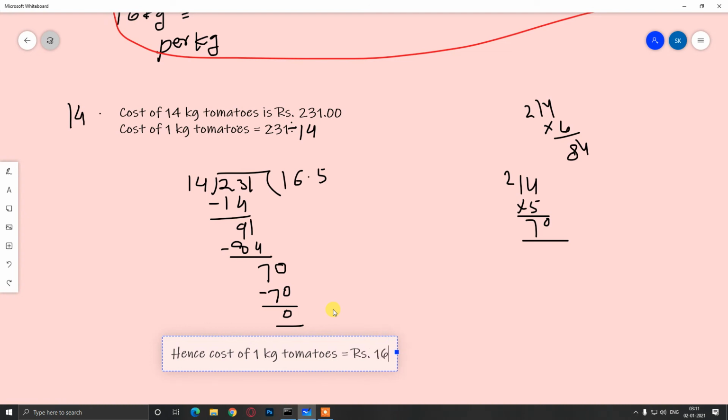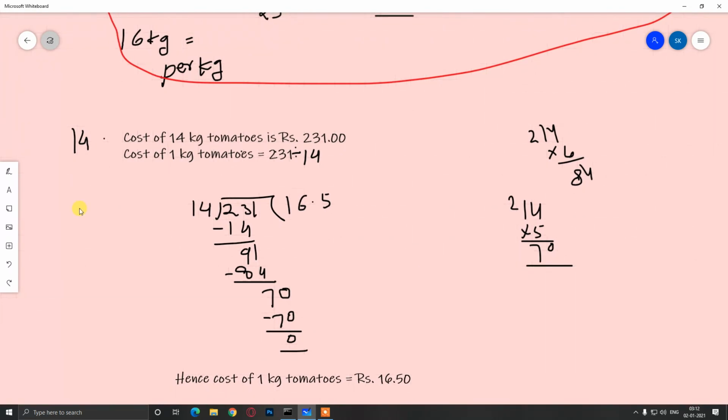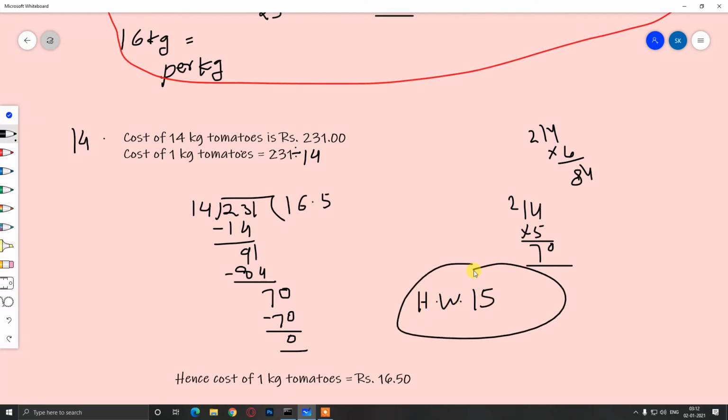Okay, 16.50, 50 paisa, you can write 16.50, or simply 16.5 also you can write. Now question number 15, homework. Okay, now this chapter is over. After this we will start a new chapter.